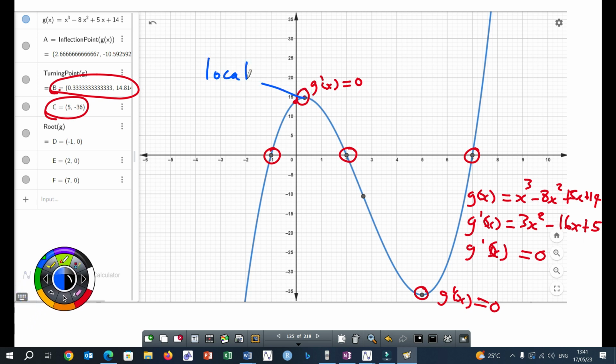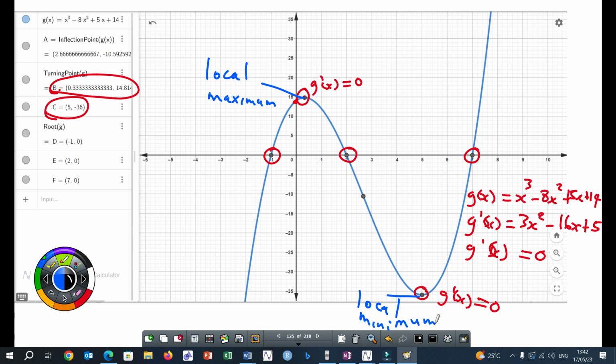It's called local if you are referring to a point which is close to that turning point. Okay? Remember, local means within the area, isn't it? And this is also called a local minimum. These are calculus terms. Okay? But I prefer to use turning points or stationary points.